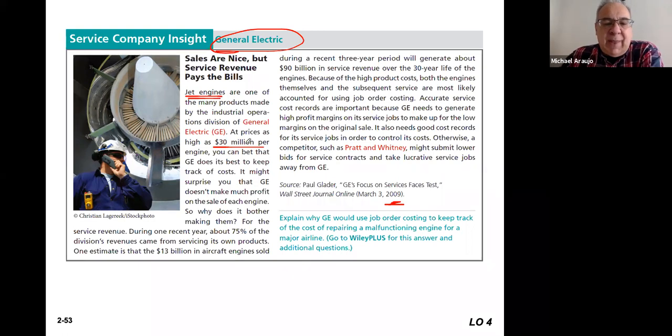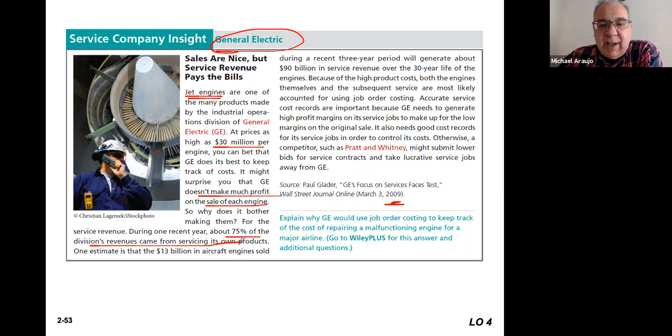But you would think that that's good enough because it's $20, $30 million for an engine that they're making profits on it. No, they're really not. They don't really make that much profit by selling engines. So how do they make profit? Well, basically, most of their revenue is from servicing the product.